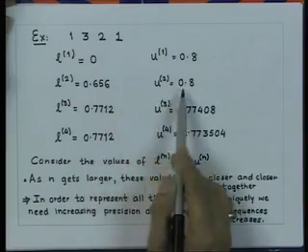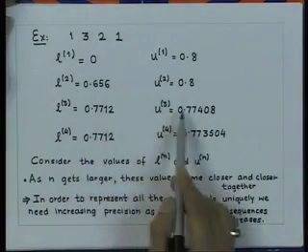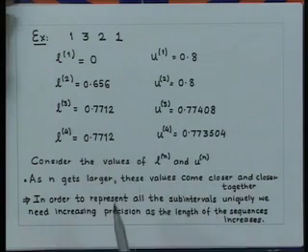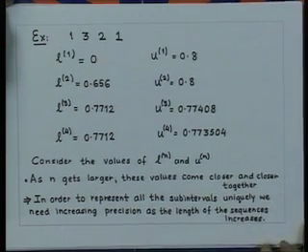The difference is less than 0.8, and this difference is still less than this. So, in order to represent all the subintervals uniquely, we need increasing precision as the length of the sequences increases.